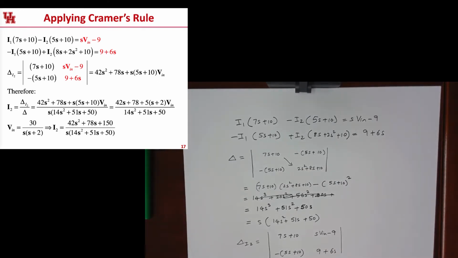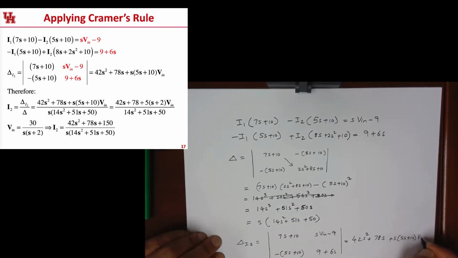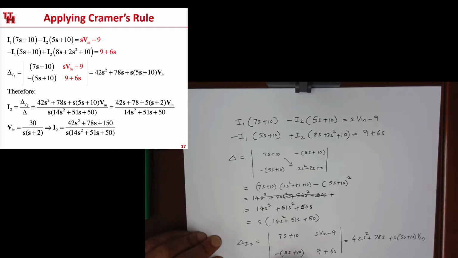If we expand this out and work through the algebra, we get 42s squared plus 78s plus s times (5s plus 10) Vn. So my I2 is going to be delta of I2 divided by delta, right?